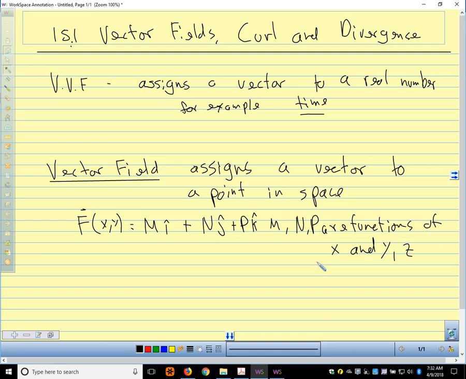Can anyone think of a concept that we've talked about in the past that is a vector field? A familiar concept. The gradient is a vector field.